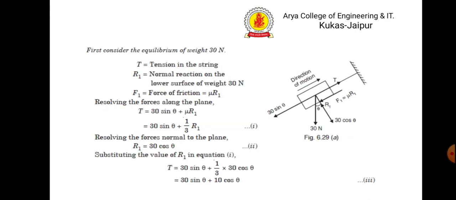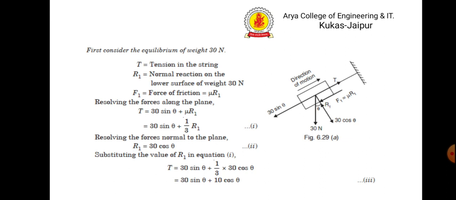So here the direction of motion will be in the upward direction. So definitely the friction force will act parallel. Suppose the force is F1, it is equal to mu into R1. What is R1? R1 is the reaction between your 30 Newton and 90 Newton.